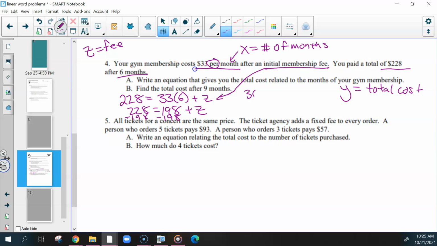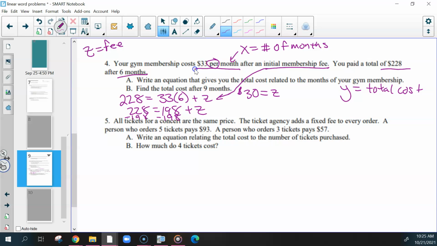Get 30. So I can say that no matter what, they're going to get a fee of $30. Then they're going to pay $33 for each month that they're in this membership.